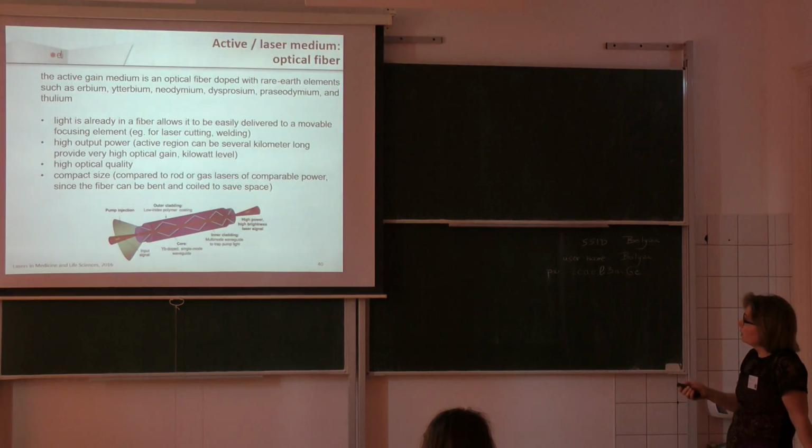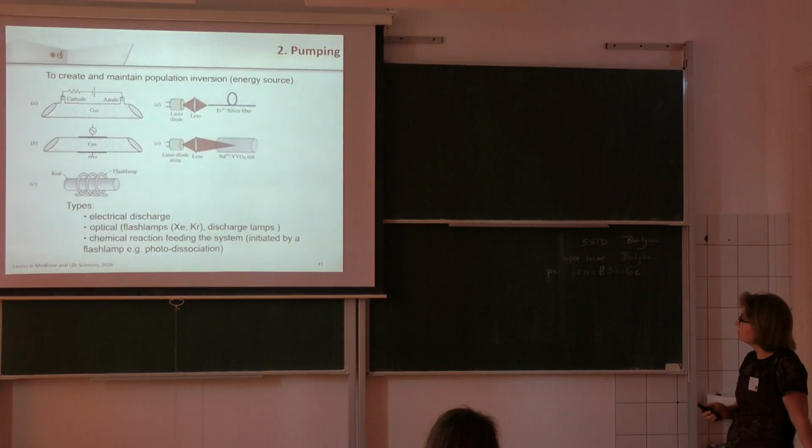These fibers can be made very high quality, and then the beam that you produce is also very high quality. I already mentioned the compact sizes. So now there is a lot of effort in industry and research to improve these fiber lasers. At ELI, we are going to have some components of our laser system based on fiber laser technology.